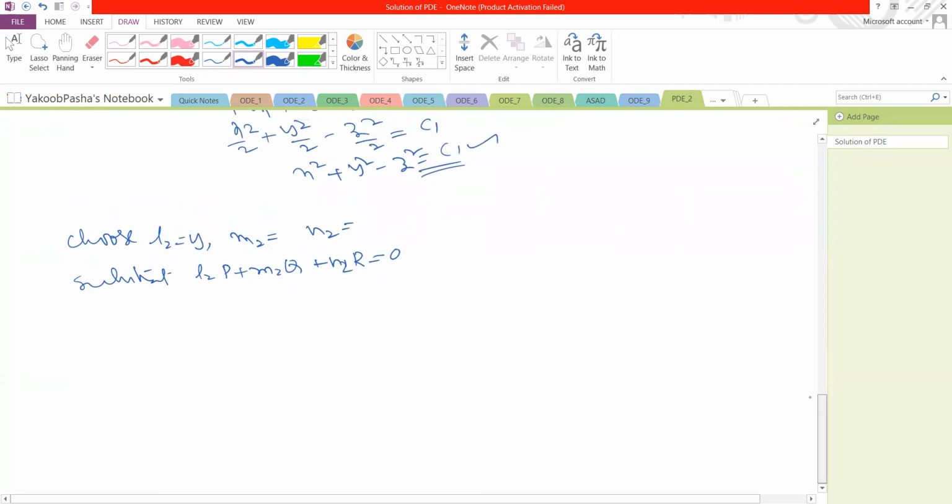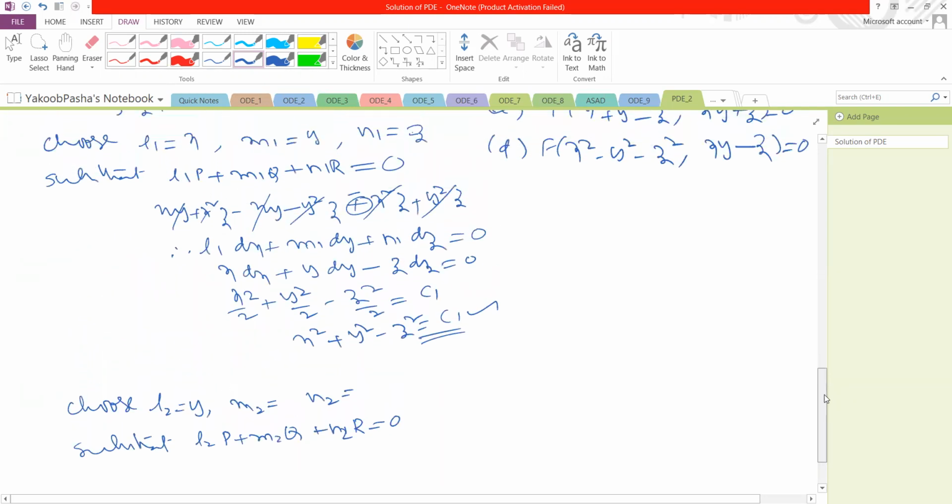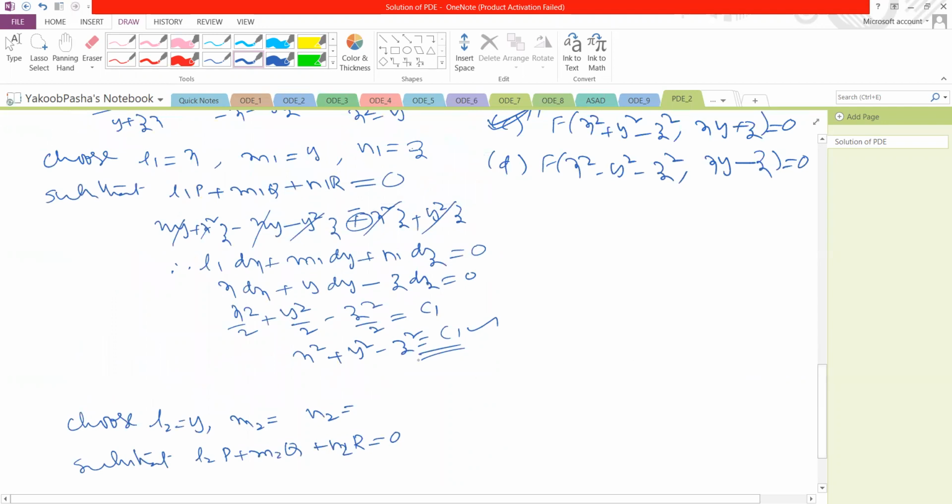What happens here? First term, when we take L2P, P means y plus zx. So I am taking y. So y square plus xyz. First term, I am taking M2 is equal to x. So what happens?